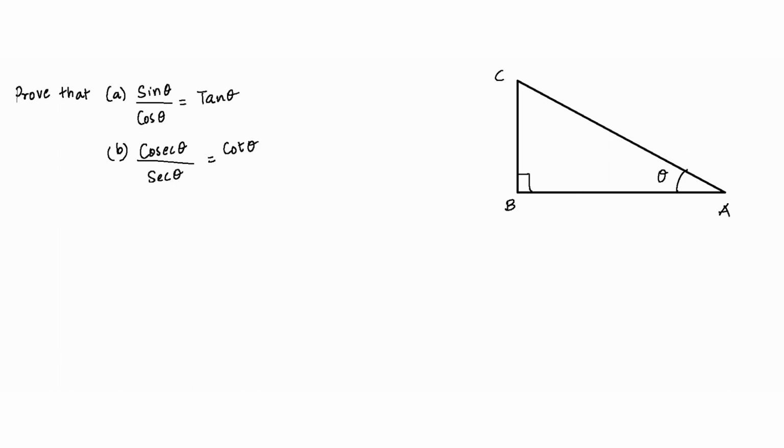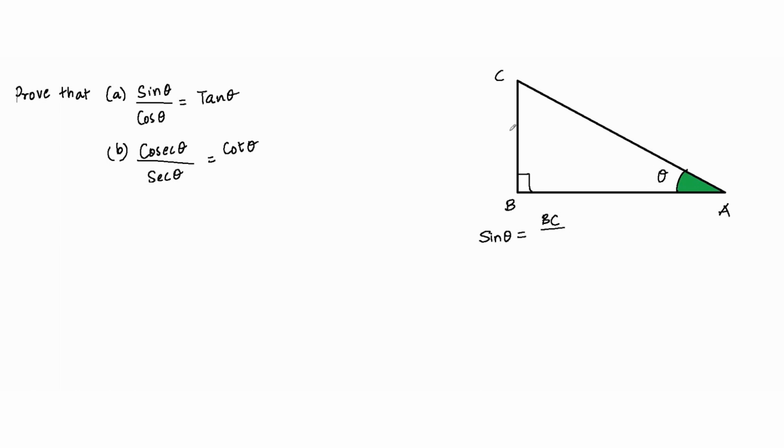Now let's find the value of sine theta and cos theta. So sine theta is given by opposite. So the opposite side to theta is going to be the length BC. Sine is opposite by hypotenuse.